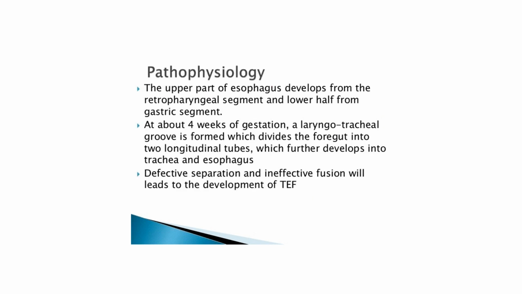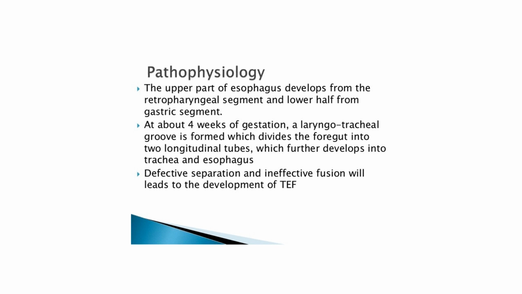Next is pathophysiology. In pathophysiology, we are going to discuss how this TEF forms inside the baby's digestive system. The upper part of the esophagus develops from the retropharyngeal segment, while the lower half is formed from the gastric segment.